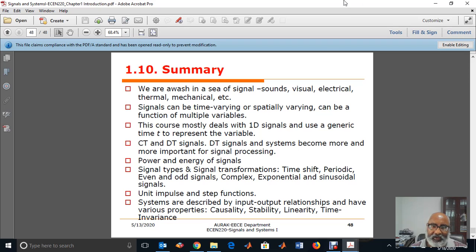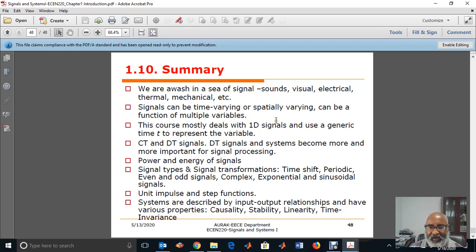Okay, so with this we finish the properties, and also we finished chapter 1. In this chapter we studied what a signal means, and we said we have so many types of signals: electrical signals, sound signals, video signals, and so many types of signals in different systems: electrical systems, mechanical systems, chemical systems, and so on.